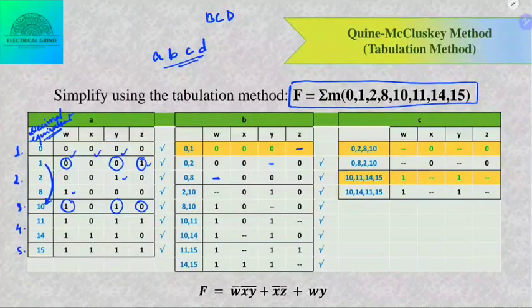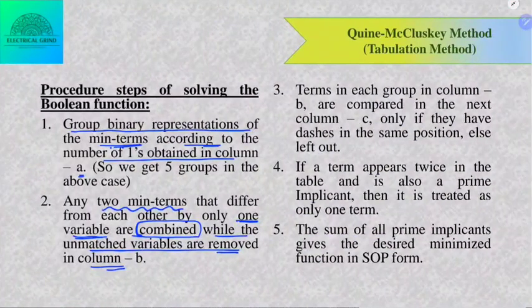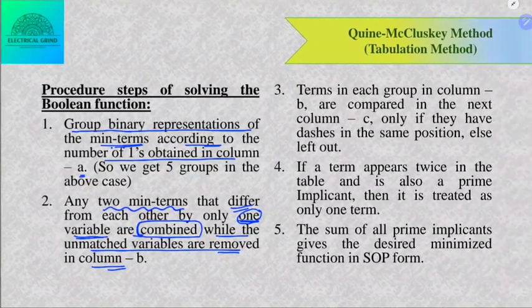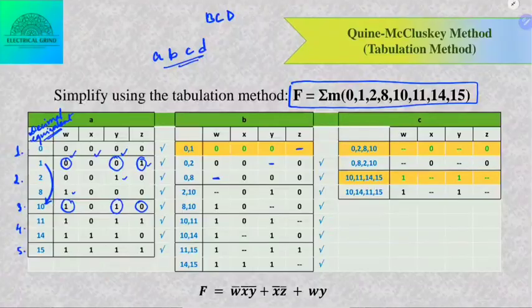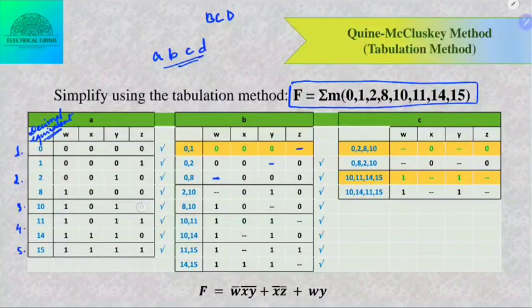We could have considered it, but as per the rule, we are required to find only one variable difference. So 1 and 10 will not be considered. Now we will see the other terms.